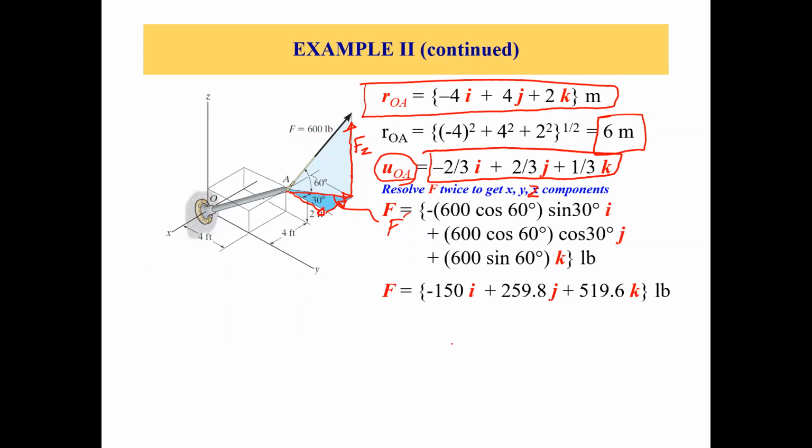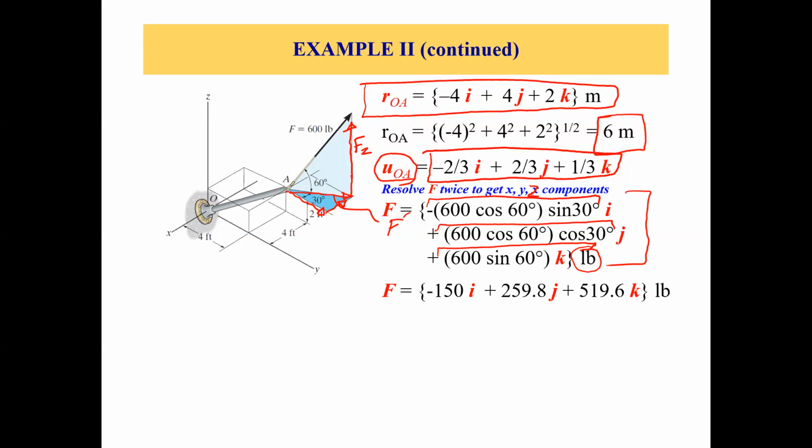So let's resolve this force into three components, and once we do that, we get this as our force vector F. So this is your Fx times i, this is your Fy times j, this is your Fz times k, and of course pounds is the unit.